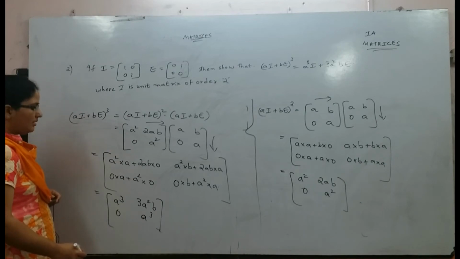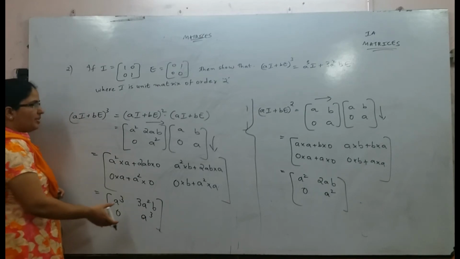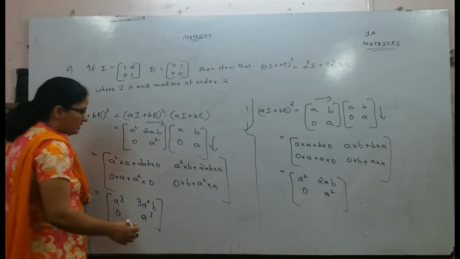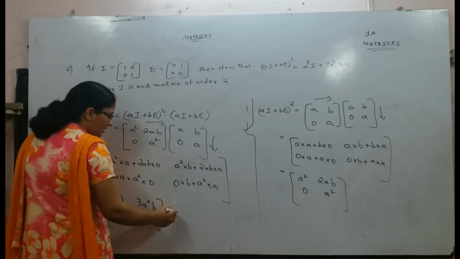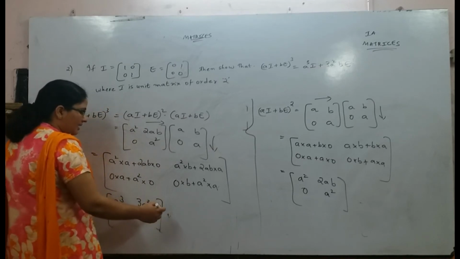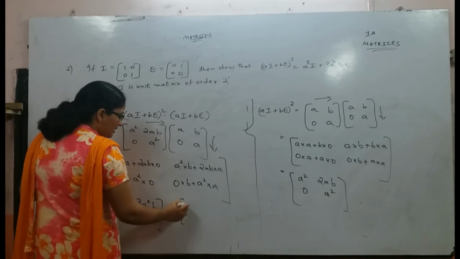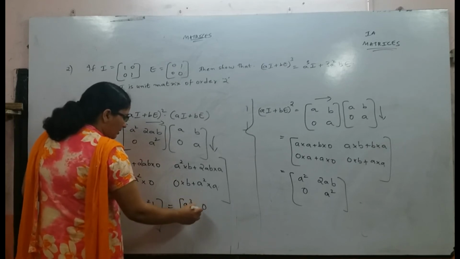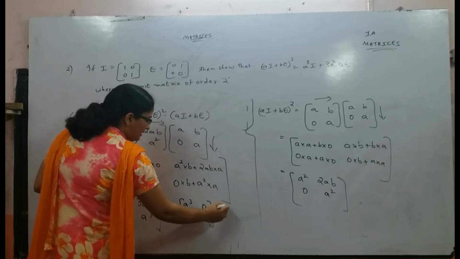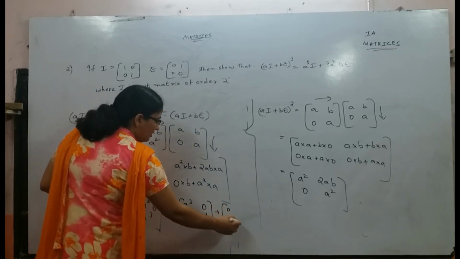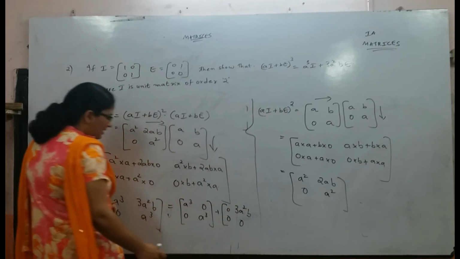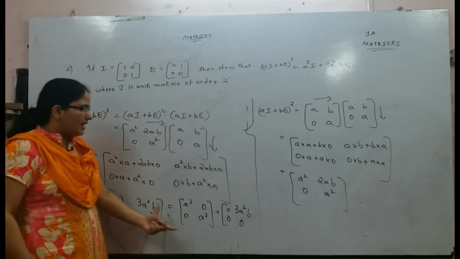Now I can separate this as two matrices. That is, if I take A cube out, I can write it as A cube 0 0 A cube plus 0 3A square B 0 0. This matrix I can split into two matrices.